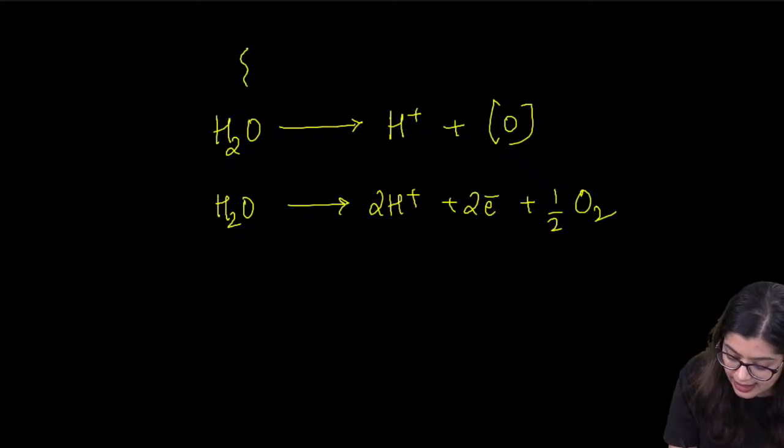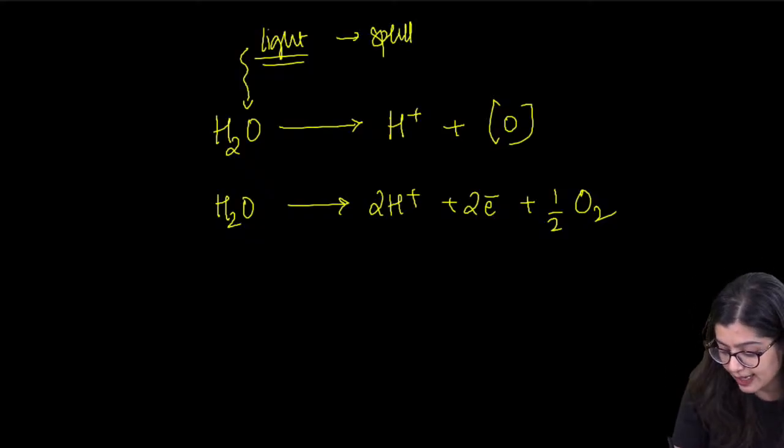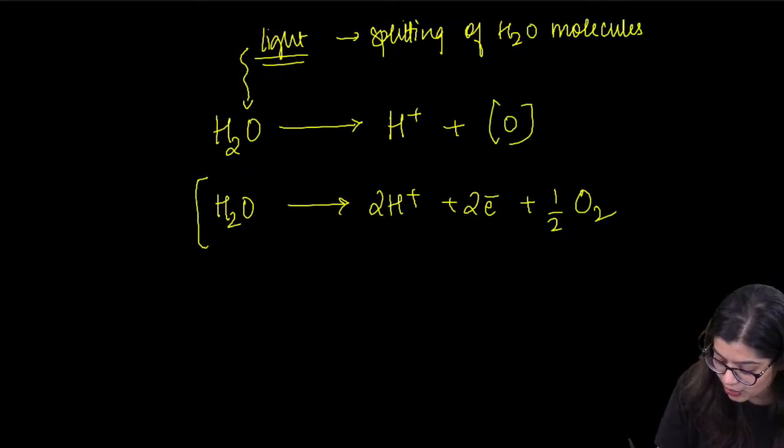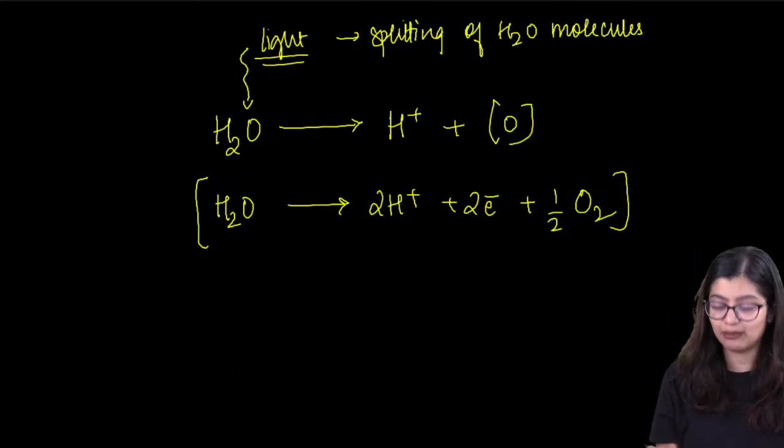So this light energy is used for the splitting of water molecules. This is the accurate chemical reaction which they will not ask you in the board exam, but nonetheless I am teaching it to you.